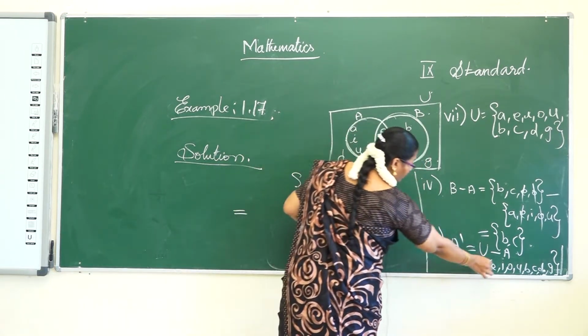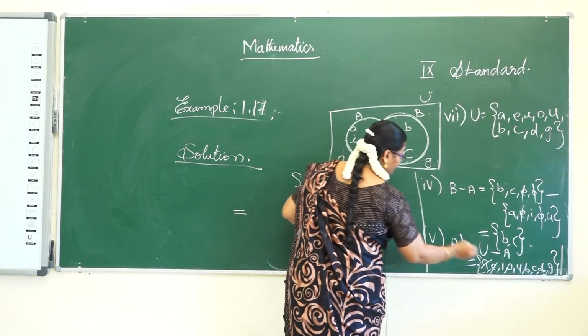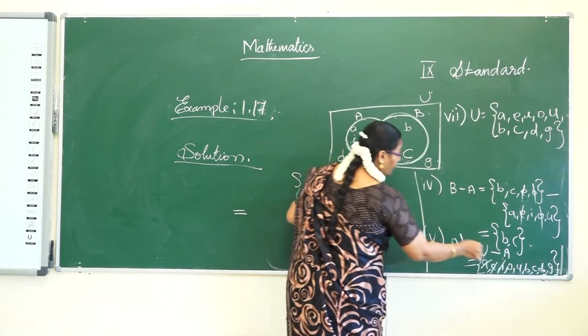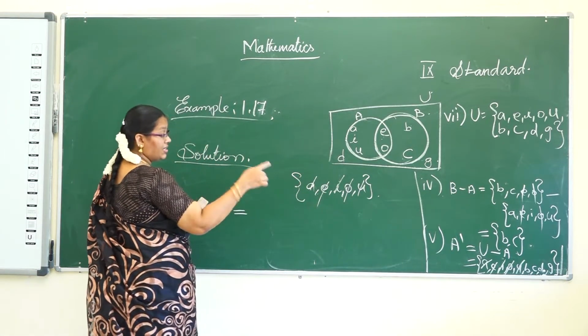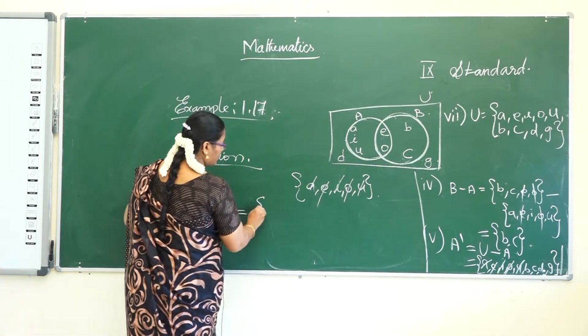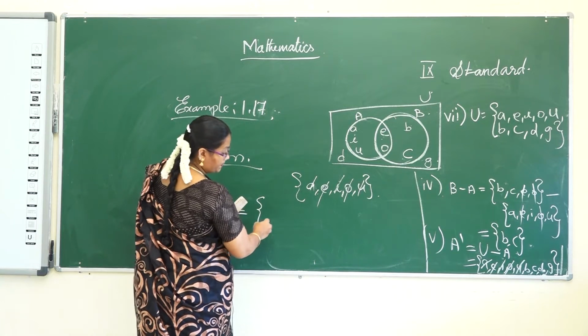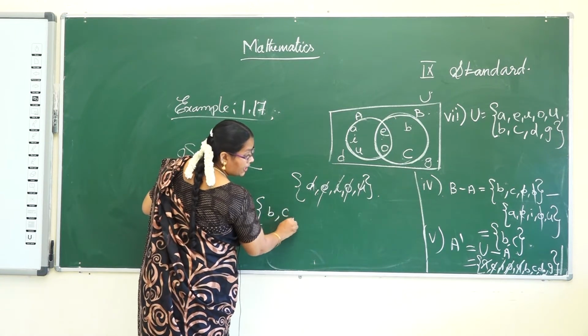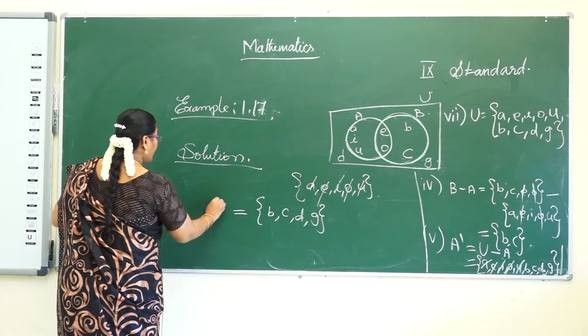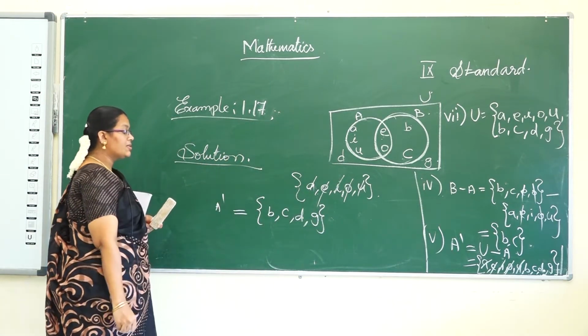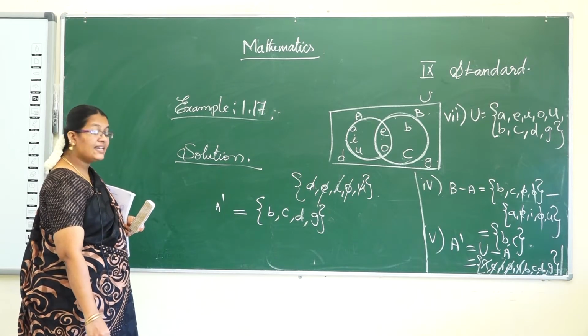E also cancel. I, O, U. So what is remaining in the universal set? The elements are B, C, D, G. Okay, so A complement is the set of all the elements B, C, D, G.